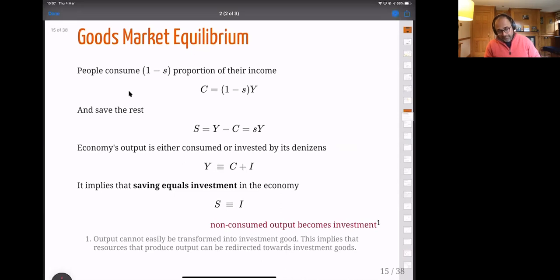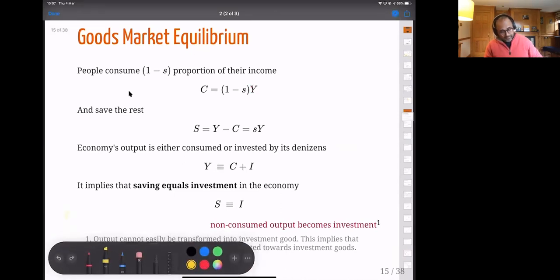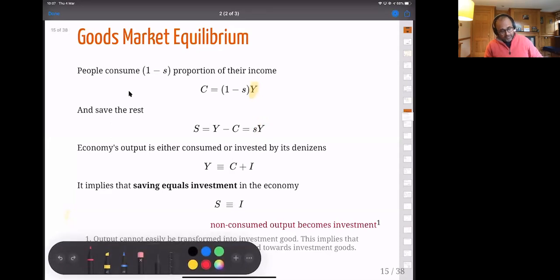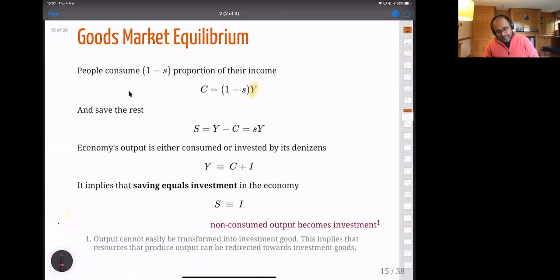If Y is the output of the economy, then whatever is saved, S here is the proportion of the income that gets saved. So in our example, S was 0.4.